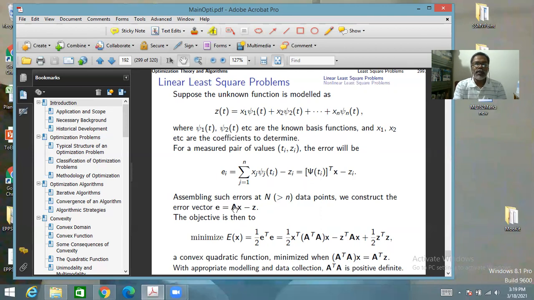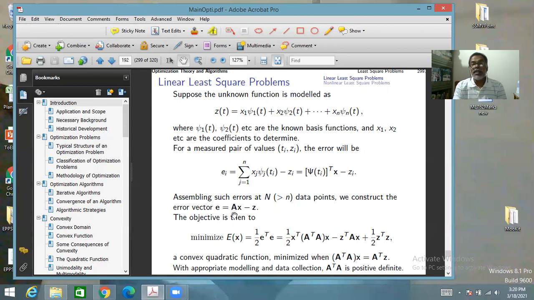So that gives you a matrix times x minus z1, z2, z3, z4, that many. So you have got a system of equations. I mean, not a system of equations yet. You have got error as a linear function of the unknown parameters, where the matrix A is known from this model, x you want to determine, and z is known from observation. So these are the errors.